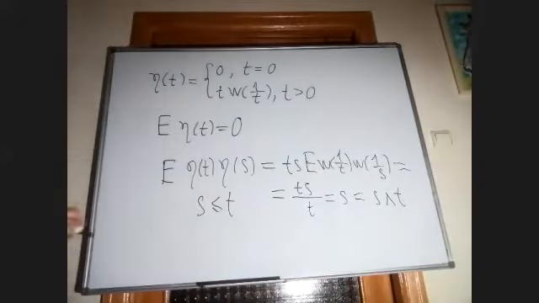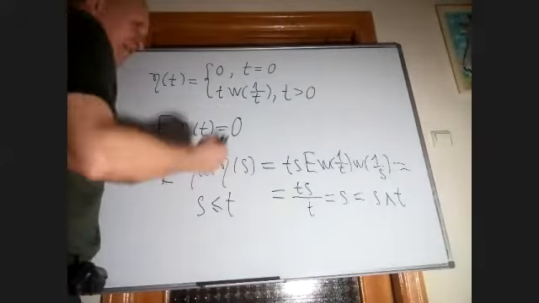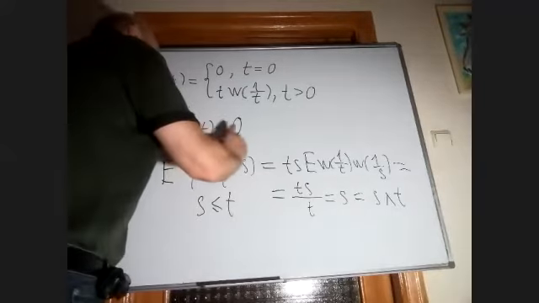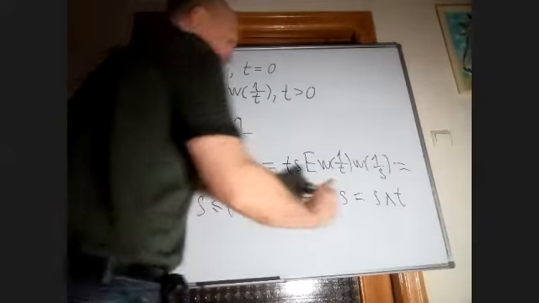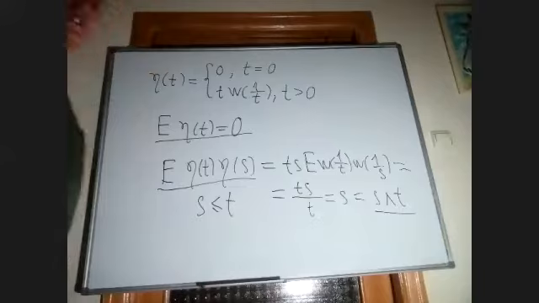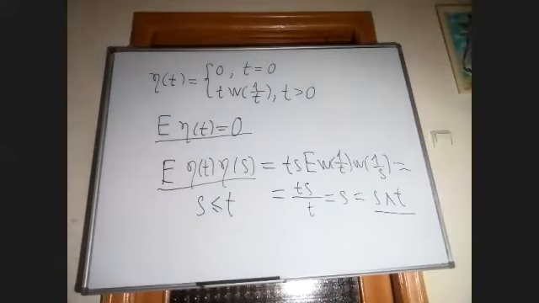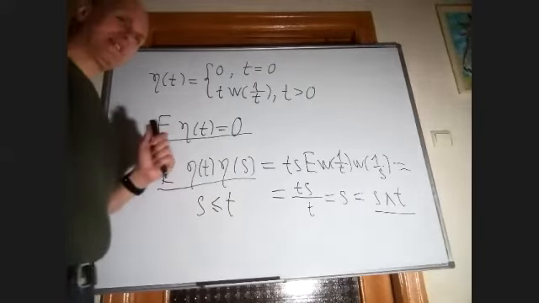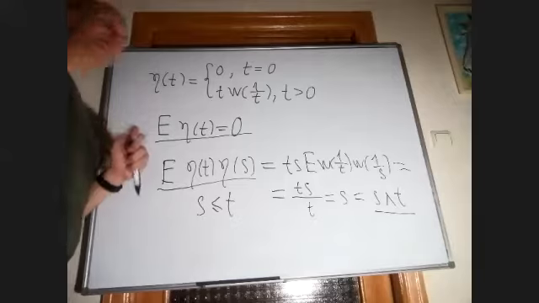So one can see that eta is a Gaussian process, again with 0 mean and with covariance minimum of s and t. So one can check that eta is a new Wiener process. But see what happened with its roots.